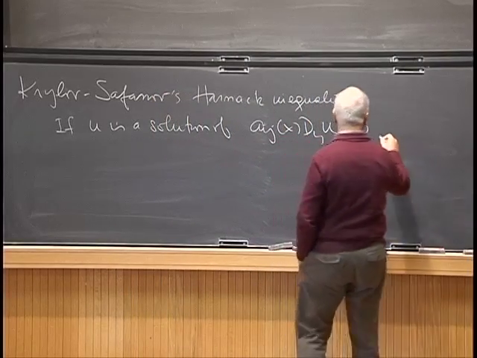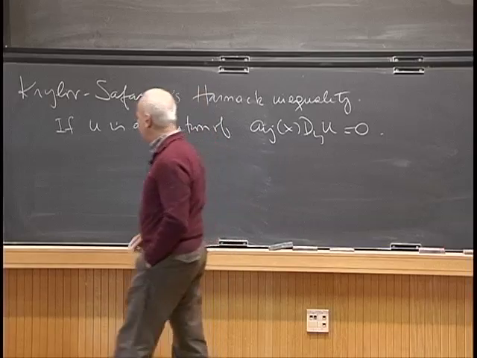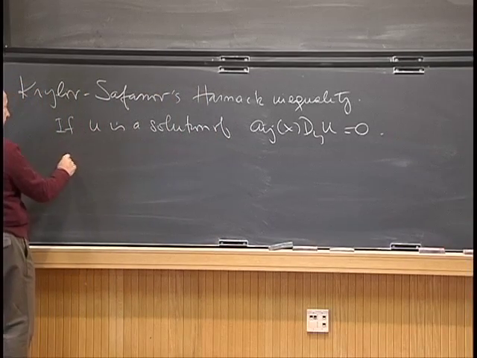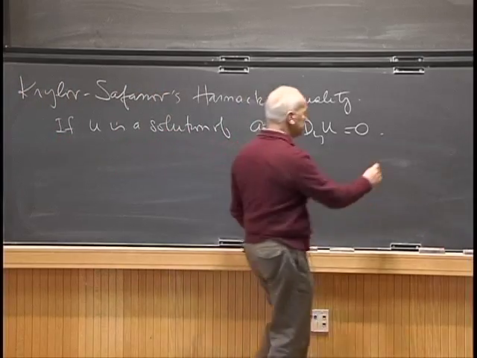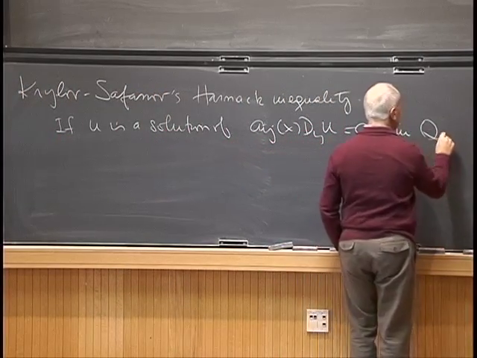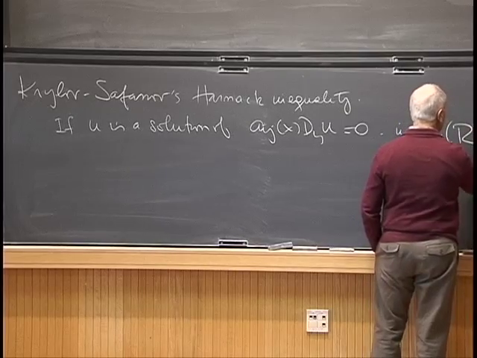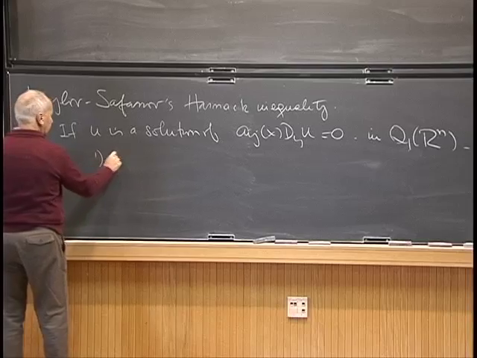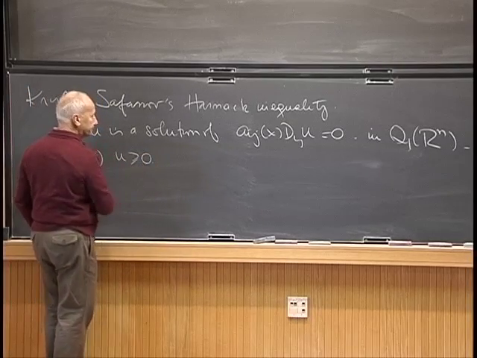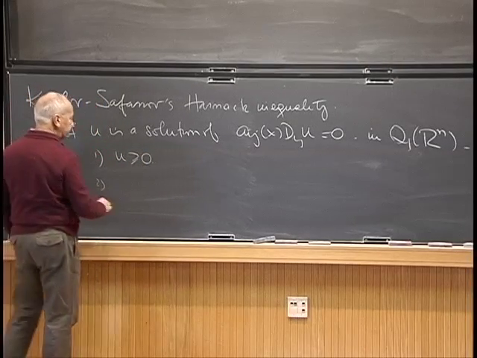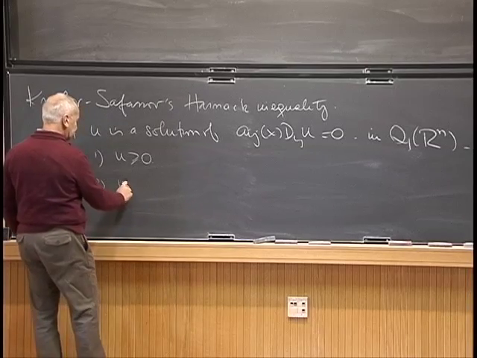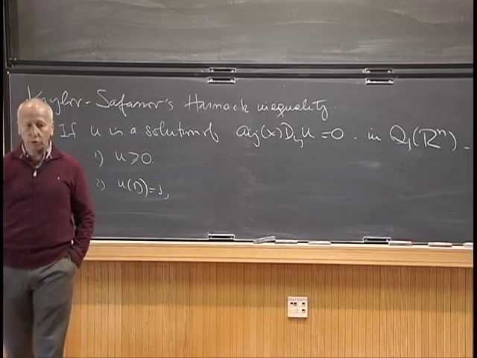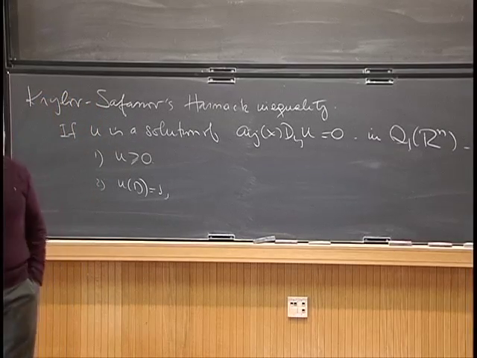Nevertheless, the Krylov-Safonov-Harnack inequality says that if you have a non-negative solution in, let's say, a unit cube Q1 of Rn, U is bigger or equal than 0, and let's say you normalize it at one point, then the sup of U in the half cube is bounded.